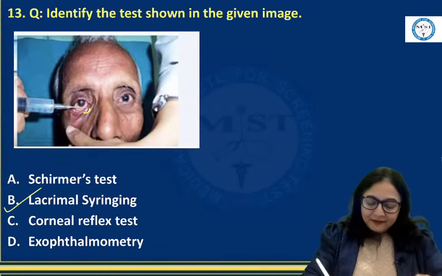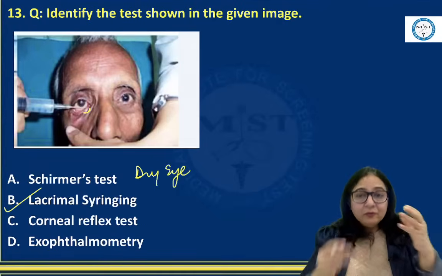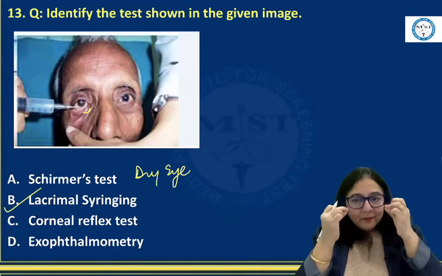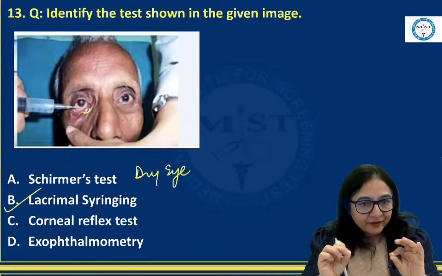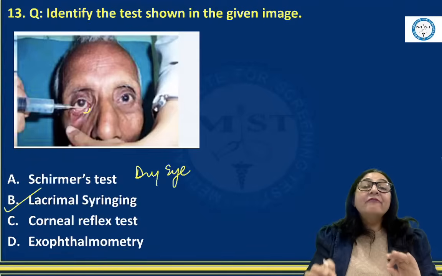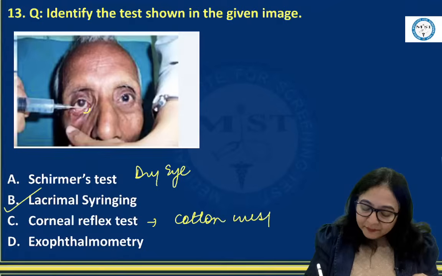Schirmer test is a test which is done in cases of dry eye, in which we use paper strips, Whatman paper number 41, to check the quantity of tear production. Corneal reflex test is done using a cotton wisp.